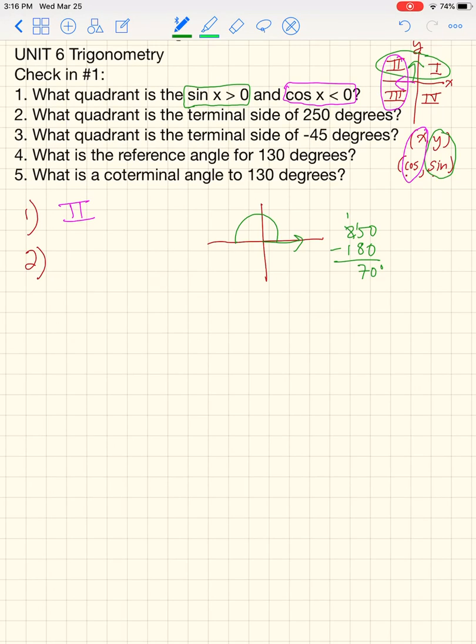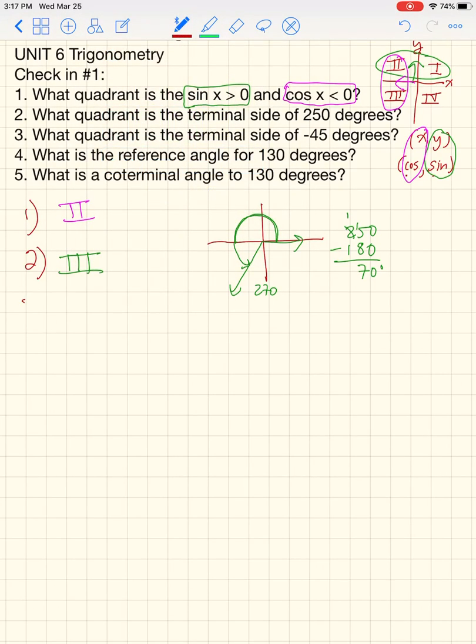Now, 90 degrees takes you all the way down to 270, so you're not going to have to go that far. You're only going to have to go another 70. So the nicest way to draw that would be to start at 0 and go all the way across to 250 and draw your terminal side.